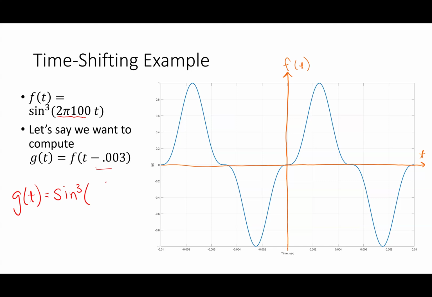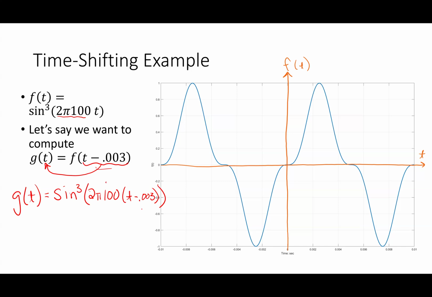Yeah, so this t minus 0.003 plugs in for the argument t. So it becomes 2 pi 100 times t minus 0.003, like that. I plug in the t minus 0.003 for where the t was, all right?